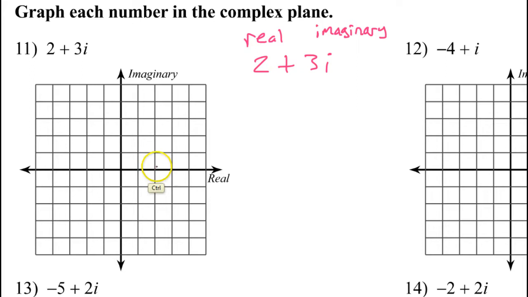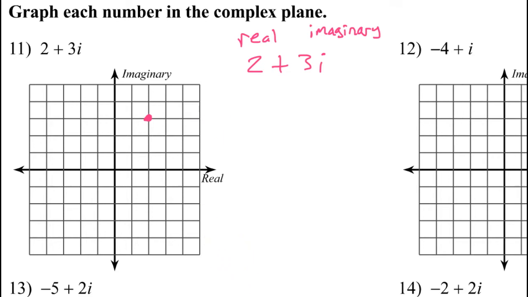And because the imaginary part is 3i, that tells us to go up 3, so this is where we would graph the number 2 plus 3i. It's very similar to graphing x comma y on the real number plane.